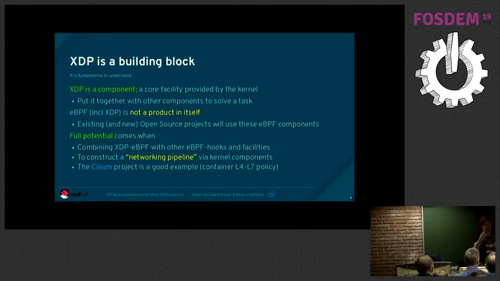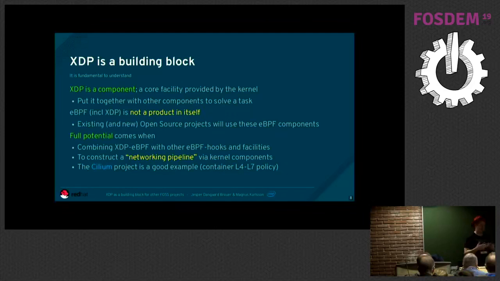By putting in fully programmable items in there, I'm not saying what you can do and what you cannot do. This is like, go invent something I couldn't imagine. So it's not a product in itself, and I really want existing open source solutions to do it, and there will also be some new ones that are going to use these components.